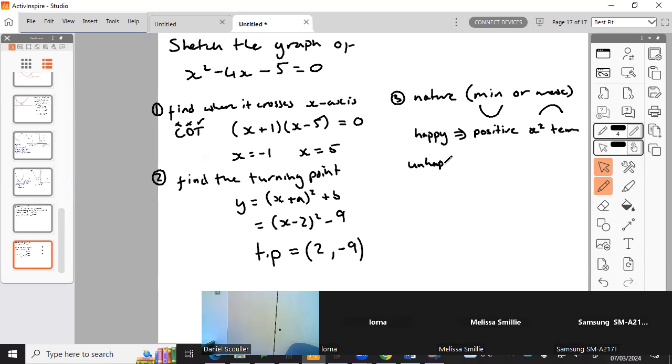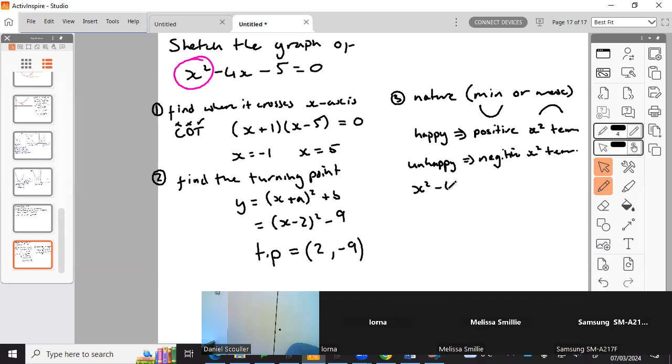Unhappy, the negative x squared term. So in this instance, that x squared term is positive. If it was negative, we'd have a negative sign there. That being positive means it's going to be a minimum turning point.